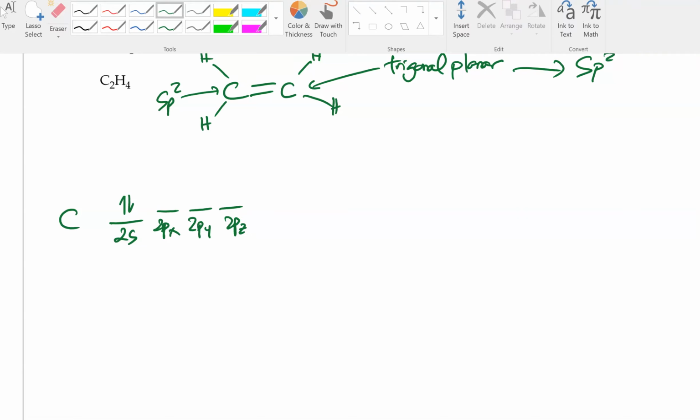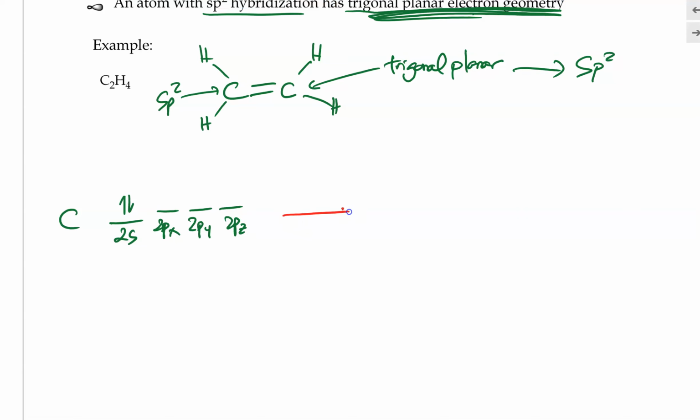In sp2 hybridization, only 2 out of the 3 p orbitals are involved. So the 2s is hybridizing with 2 of these 3 p orbitals, and this one right here remains unhybridized.